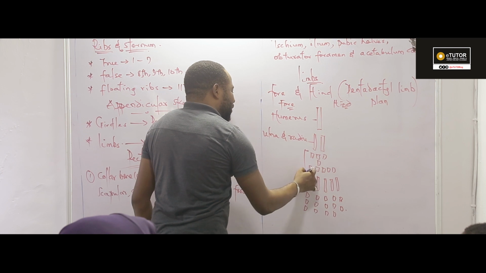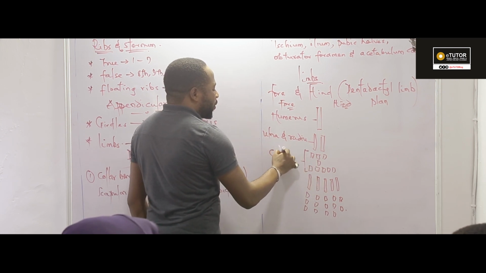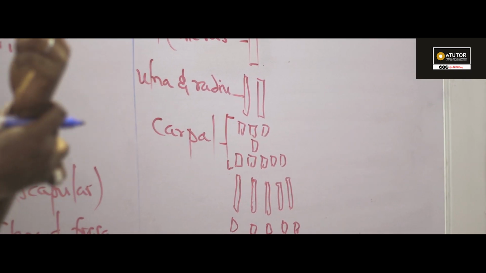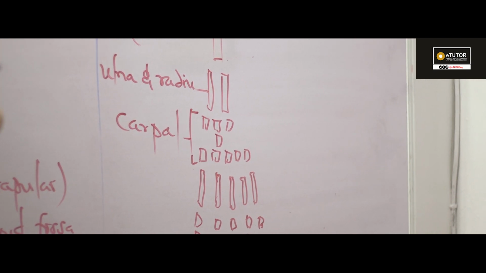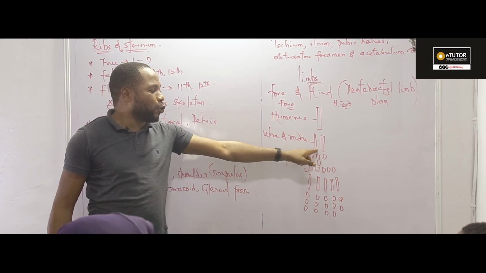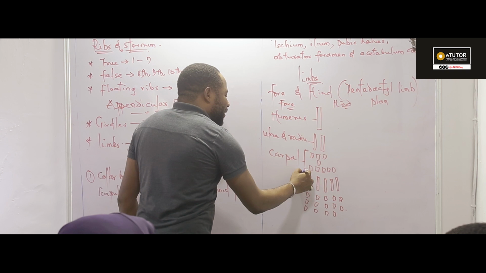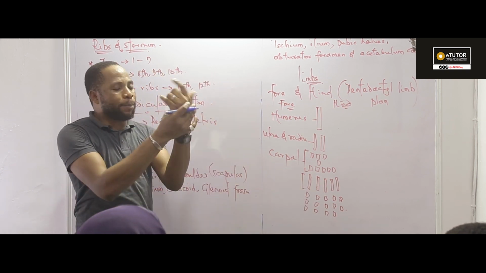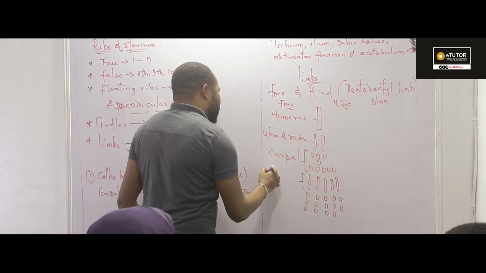We call them carpals. These bones help to glide and slide on top of the ulna and radius. Then after that, we have 5 long bones, the bones of the palm. We call them metacarpals.